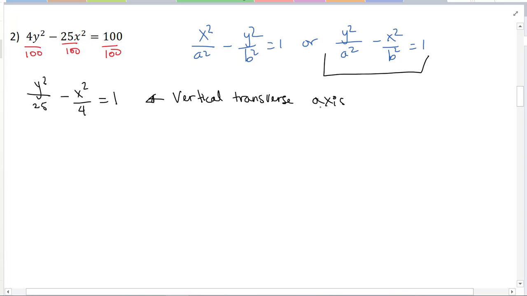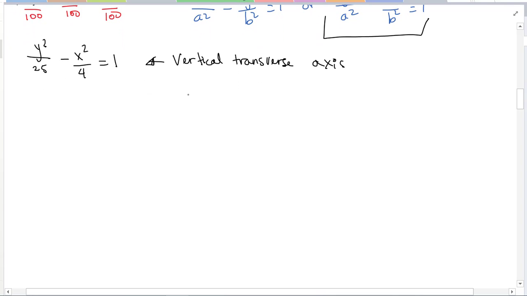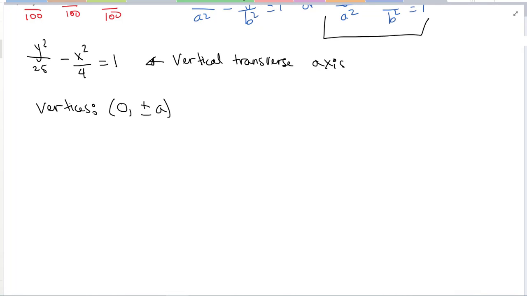Identifying whether you have a vertical or a horizontal axis is really helpful because this tells us what our vertices look like. Because it's vertical, the x is 0, and then we have plus or minus a. So what's a?